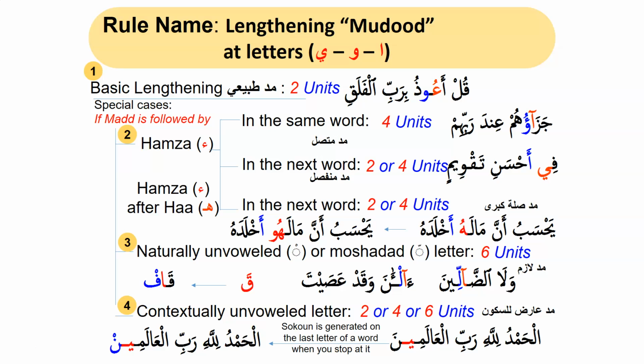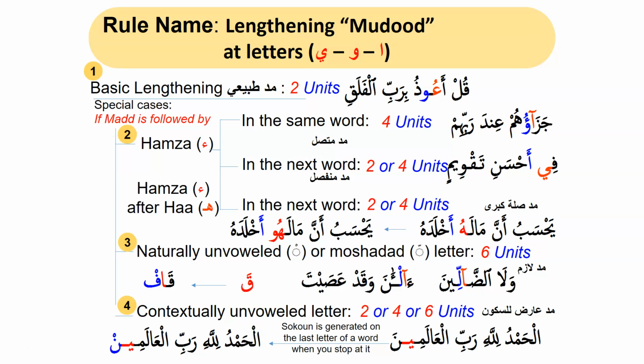In mad muttasil, it is obligatory to lengthen for at least 4 units of time. It could be 4, it could be 6. Some people say it's 4 or 5, but I don't see a difference between 4 and 5, so I prefer the theory that it is 4 or 6.